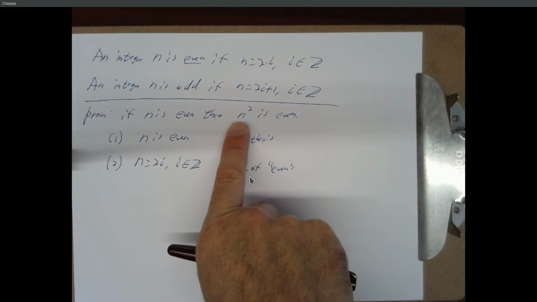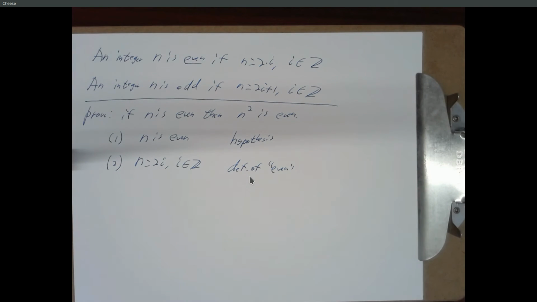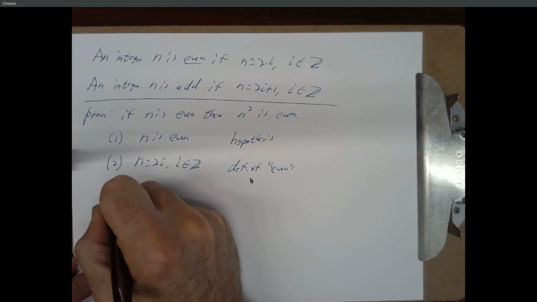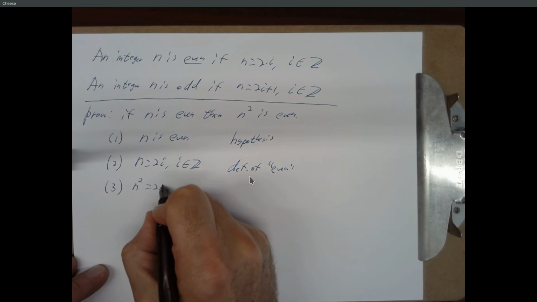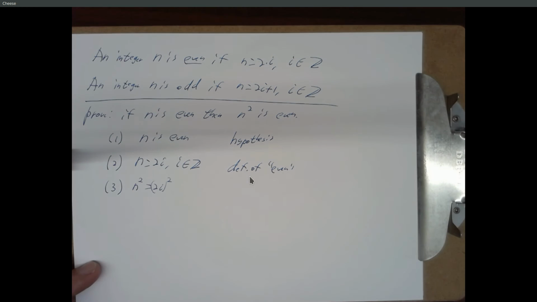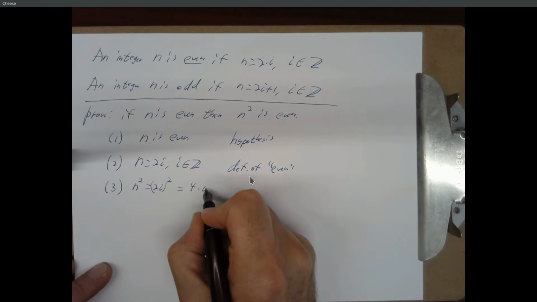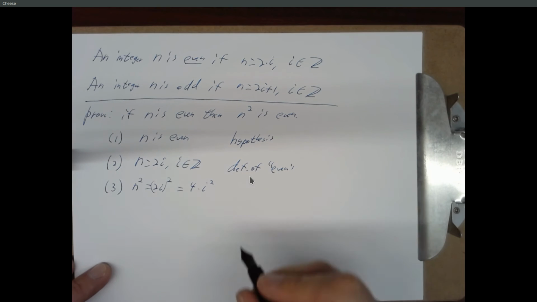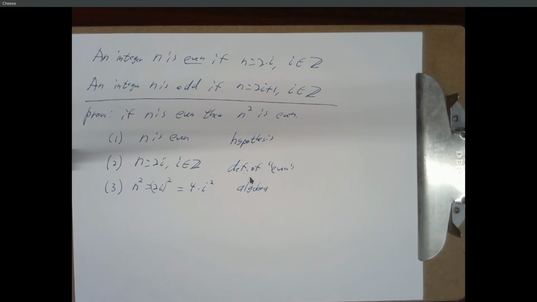So out of desperation, I'm just going to square this version of n and see what happens. So if n is 2i, nobody can argue that n squared equals 2i squared. And that's 4 times the quantity I squared. And that's just algebra.